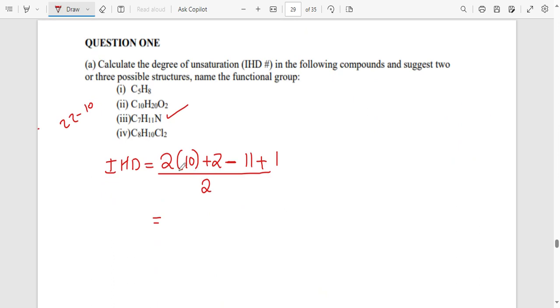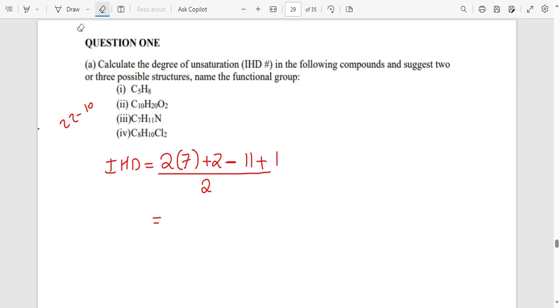Okay, 2 times 10 is 20, plus 2 is 22, minus 10 is 12, over 2, that is 6. This number is too big. Oh, no wonder.